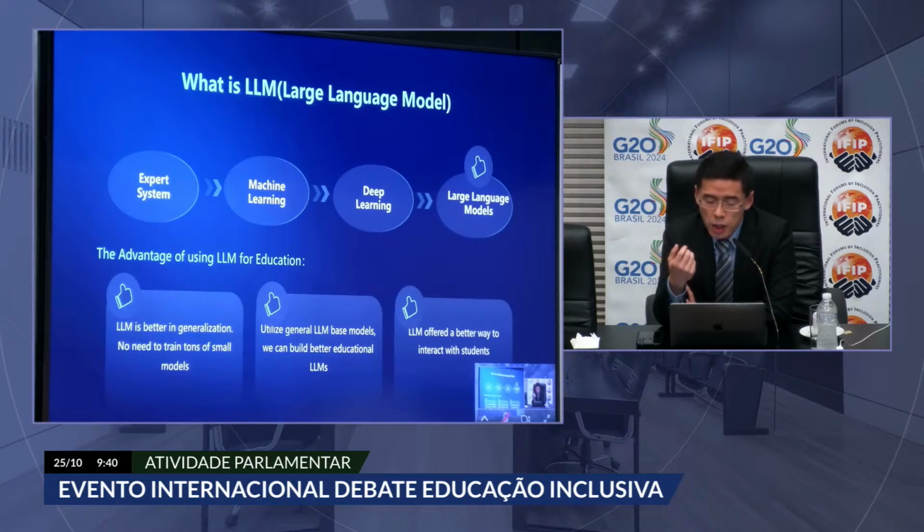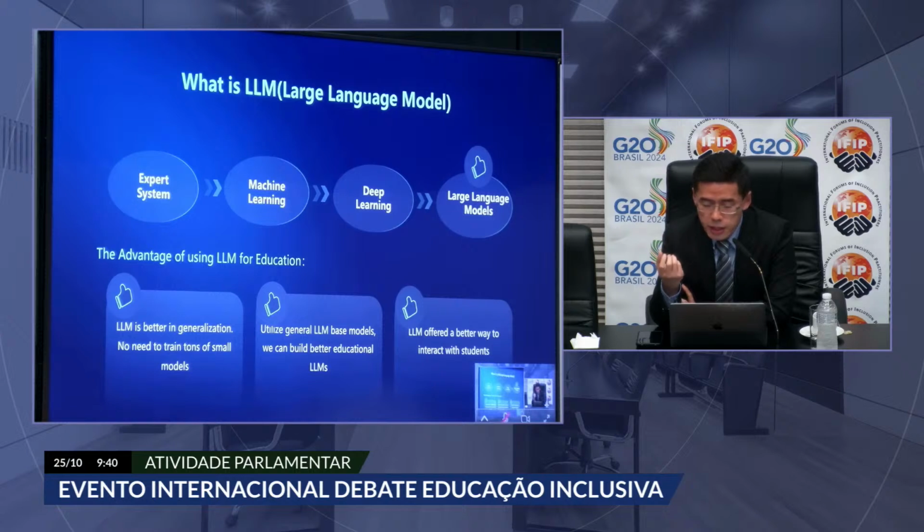So what is the advantage to the educational AI technology? First, LLM are better in generalization. We don't need to train hundreds of small models like before. Second, we build education-specific LLM based on general LLM-based models, which means the model has merged the general world knowledge and the educational knowledge, you know.